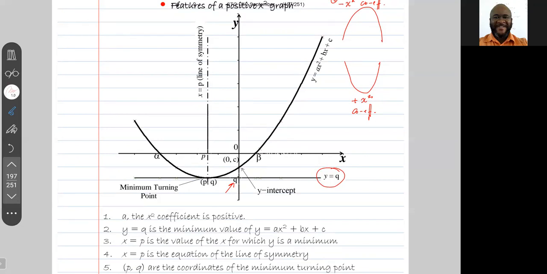Guys, remember I said at every point you have an x value and you have a y value.